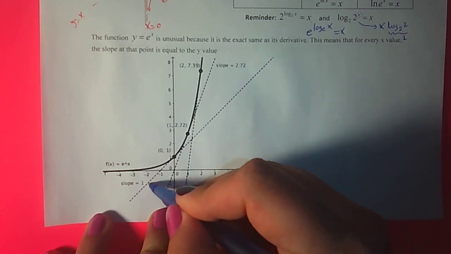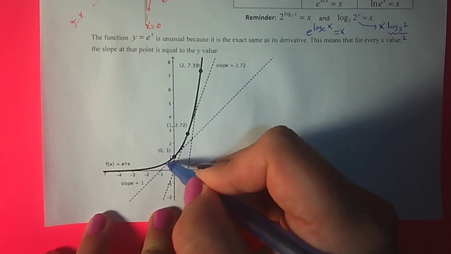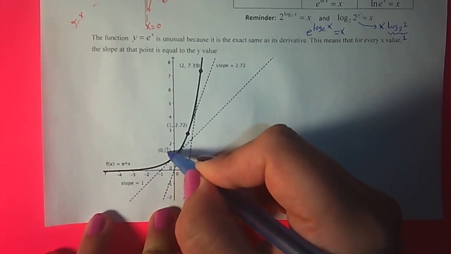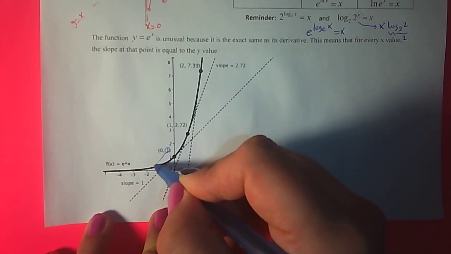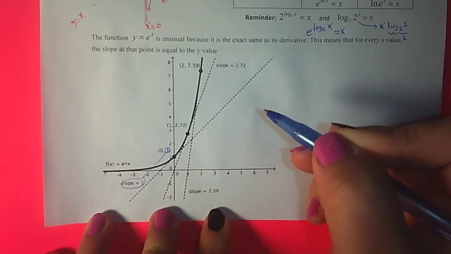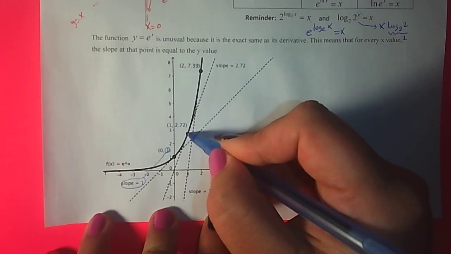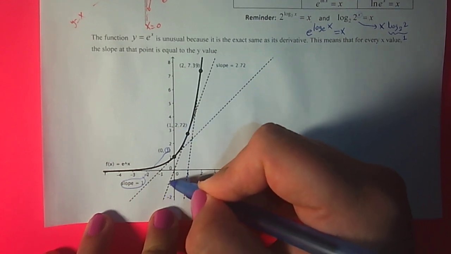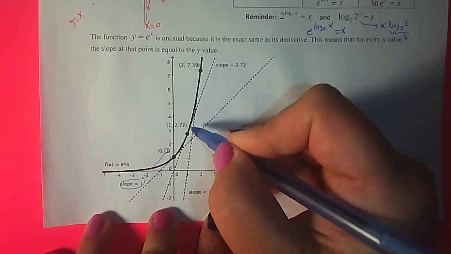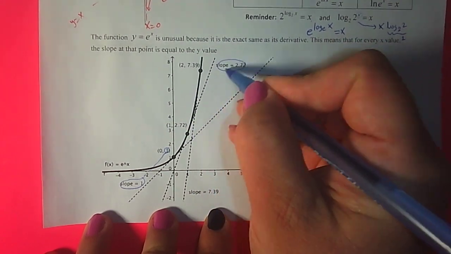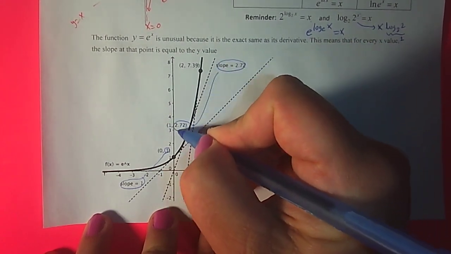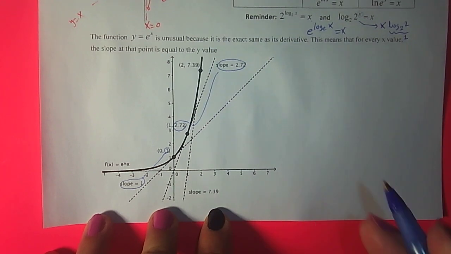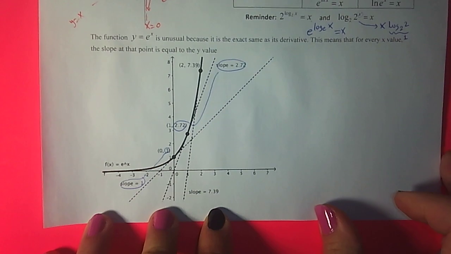If we draw a tangent at this point, the slope of this tangent will be the same as the y coordinate of that point. Similarly, let's look at the point 1 and 2.72. If we draw a tangent at that point, the slope of that tangent will be the same as the y coordinate of that point. Therefore, e to the power of x is a special function.